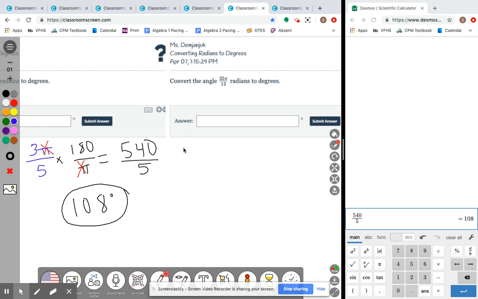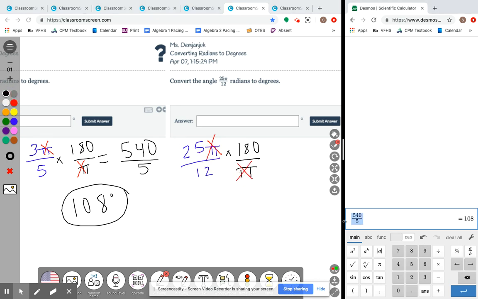Our next example is 25 pi over 12. I again want to multiply it by 180 over pi, going from radians to degrees. Again, my pi's on the top and bottom will cancel out.